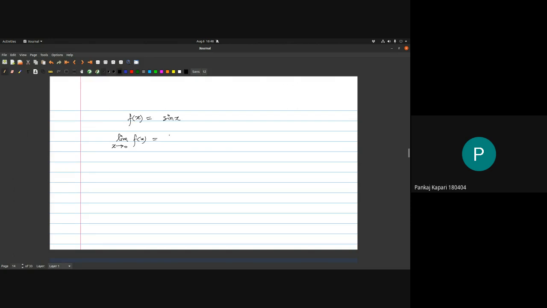Actually, we can see that the limit is 0, because sin 0 is 0. But we actually want to prove that. So how do we prove it?